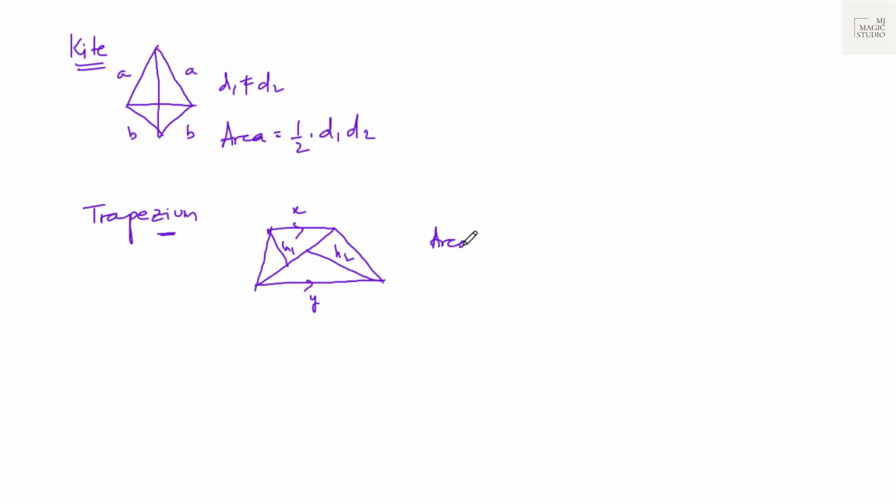So the area of the trapezium will be half into diagonal length d into h1 plus h2. But if we don't have this height, we can use half into x plus y into height.